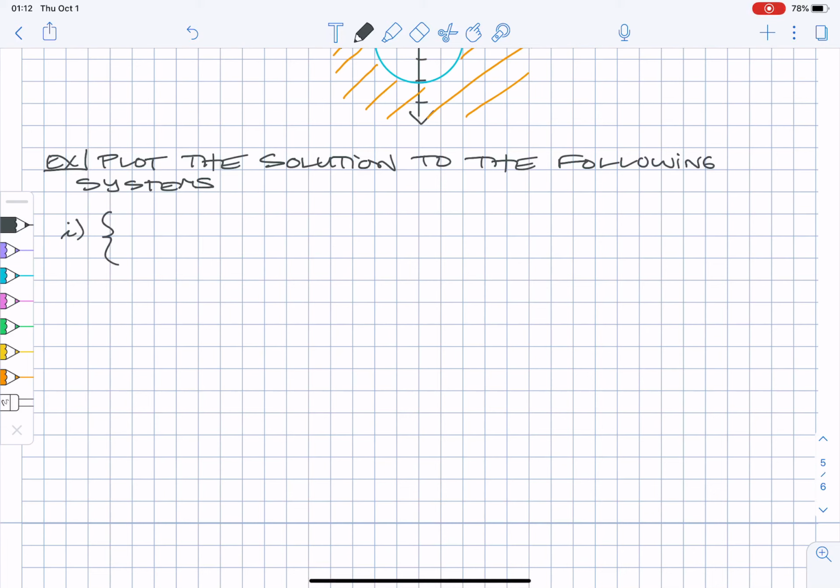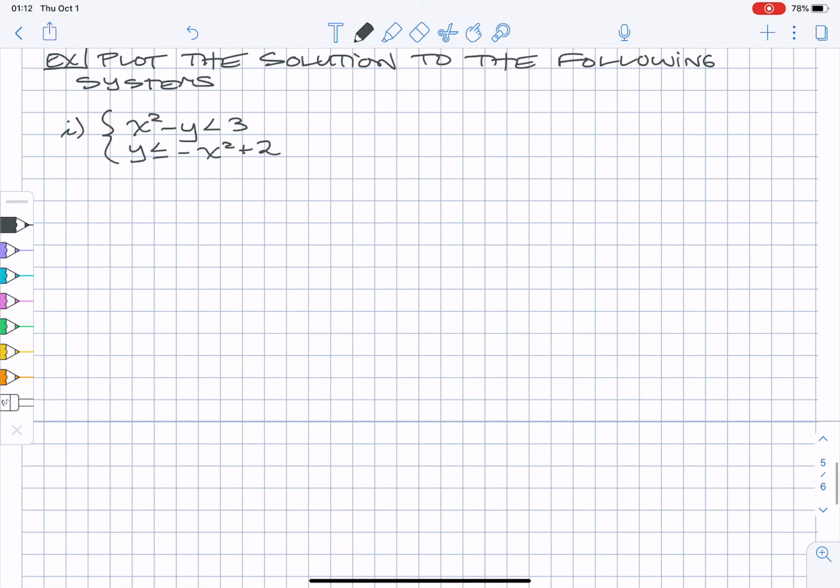So we have x squared minus y is less than 3. And we have y is less than or equal to negative x squared plus 2. Okay, so let's look at this. The first equation, x squared minus y is less than 3, is the same as saying x squared minus 3 is less than y.